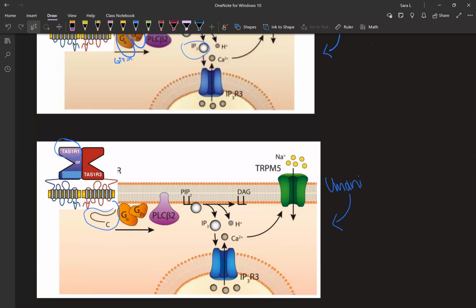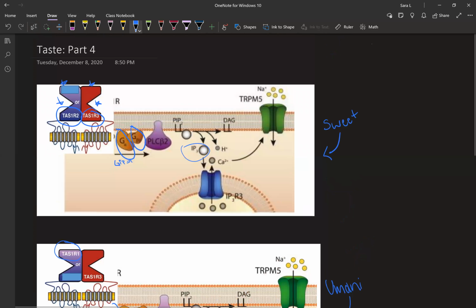Here with the umami, we're getting a more savory taste, right? And it is really receptive towards proteins and amino acids, right? So that's a lot of what this is. Versus up here with our sweet, we have sweeteners and sugars.